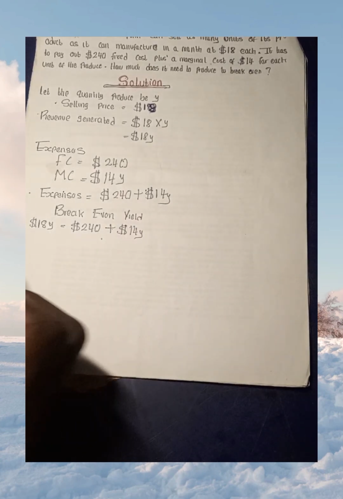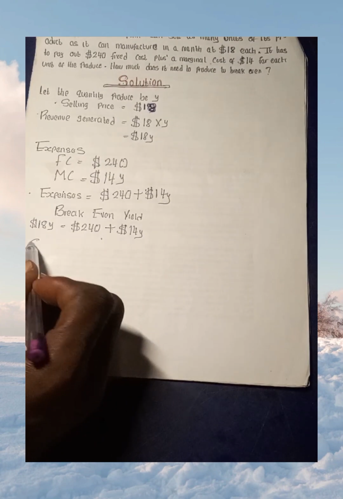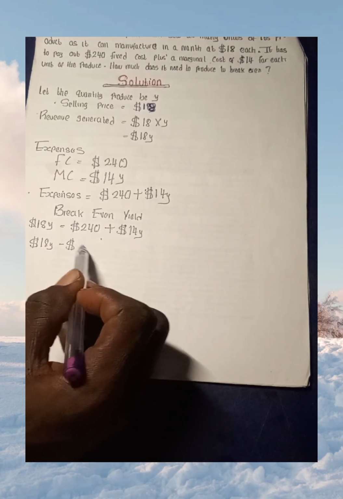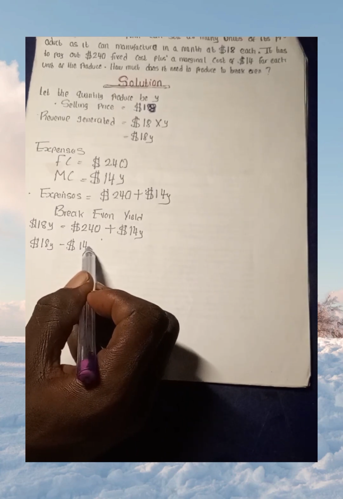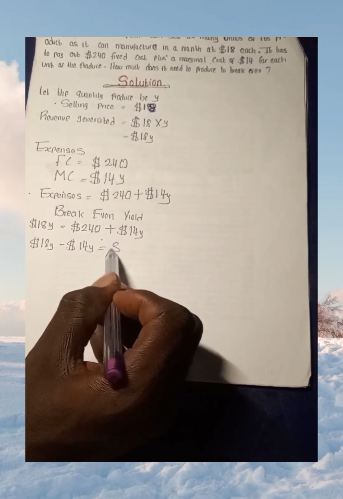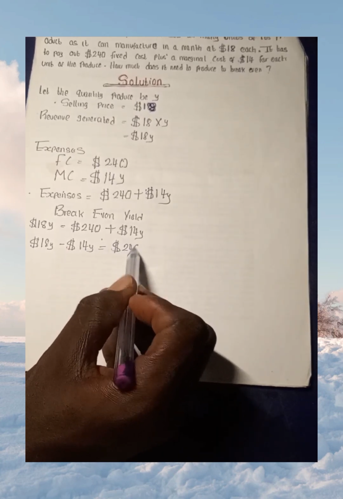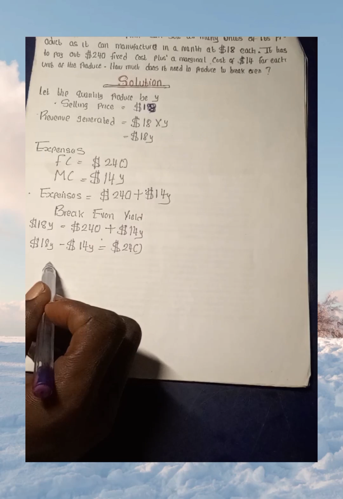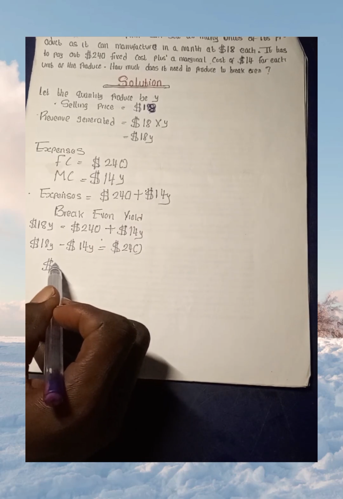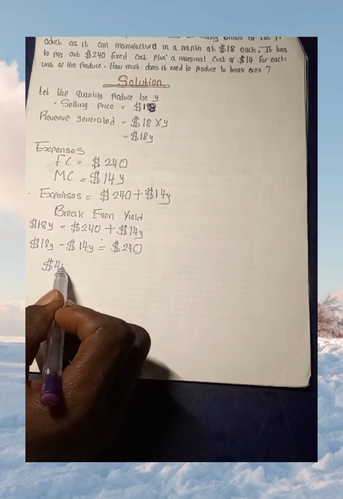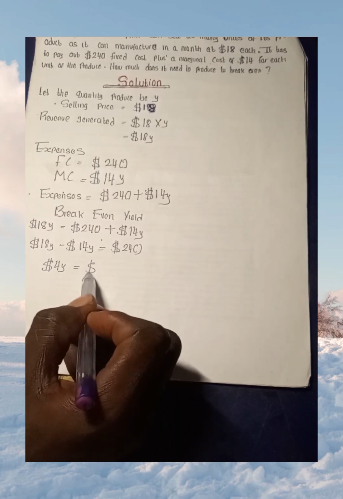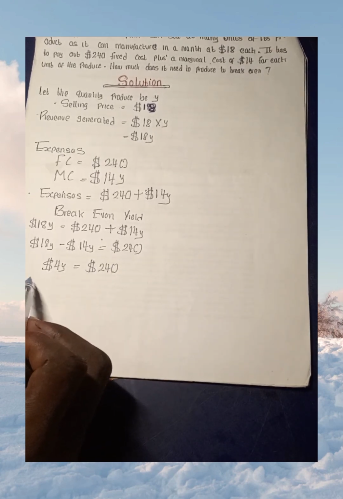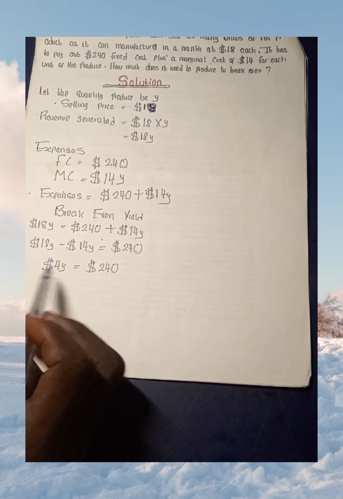So we are going to collect like terms in y. We have 18y minus 14y is equal to 240. 18 minus 14, we are having 4y is equal to 240. So to get our y, we divide both sides by $4.